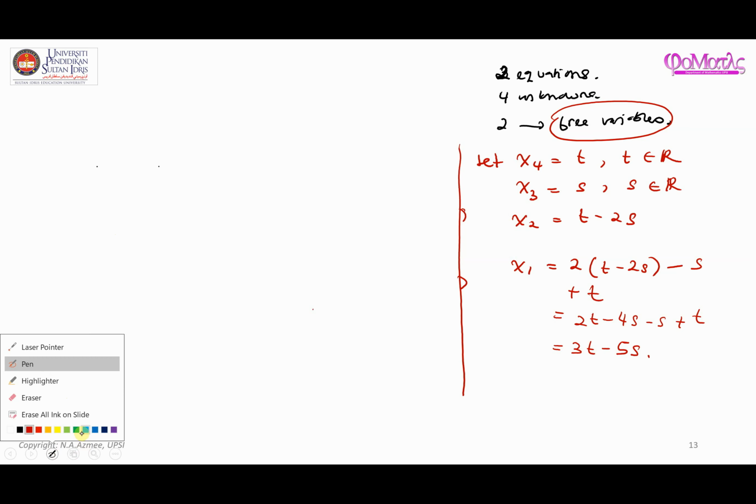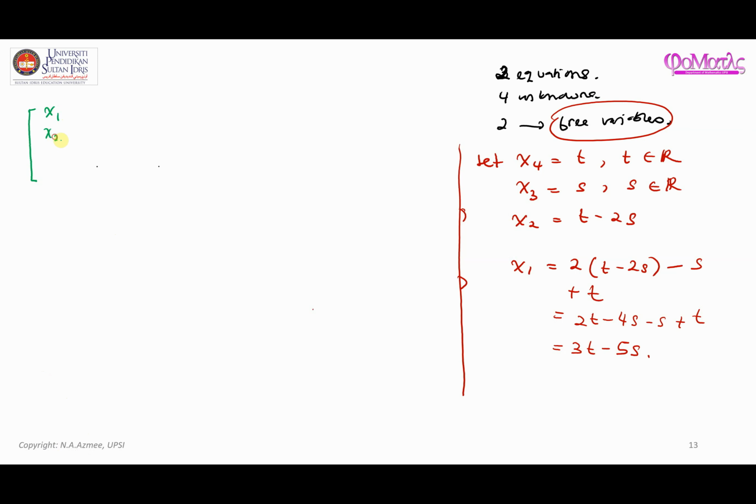So now based on the solutions that we have already obtained, I can write down in this way. We have x1, x2, x3 and x4, and the solutions are given as, for x1, 3t minus 5s, x2 is t minus 2s, x3 is s, x4 is t.